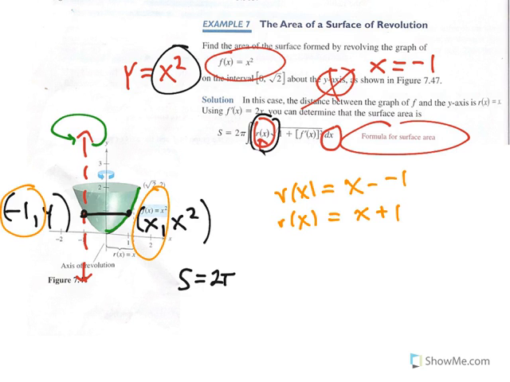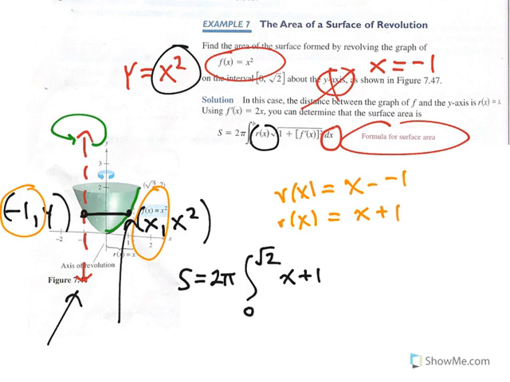So what would you write for the integral? You'd write 2 pi. The limits of integration would still be from x is equal to 0 to x is equal to square root of 2. But now r of x would be x plus 1, the distance from the axis of revolution to a point on the curve. That's r of x.